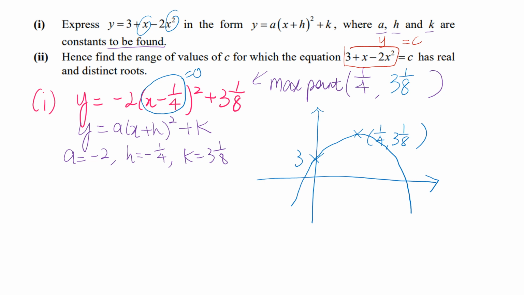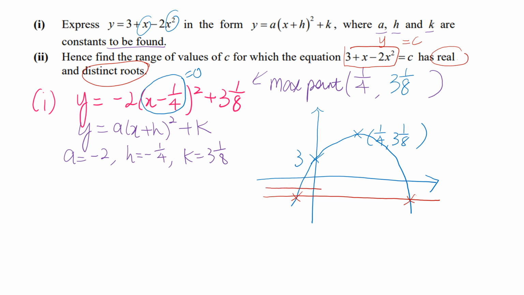We want to draw a horizontal line such that when it intersects the curve, it will give you two real and distinct roots. Supposing I draw my horizontal line in this direction, you'll see that it will intersect the curve at 2 points here, right? 2 intersection points means there are 2 roots, 2 real and distinct roots.